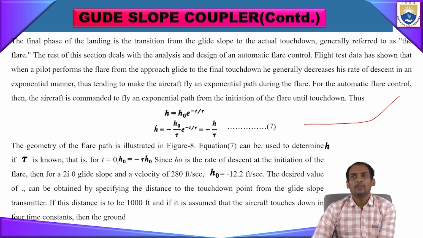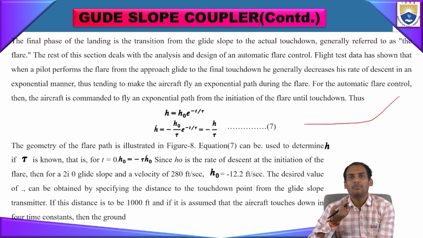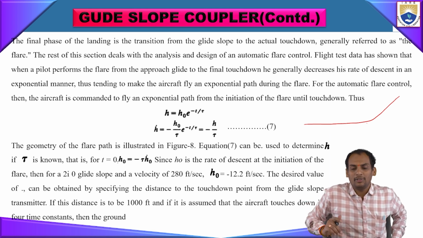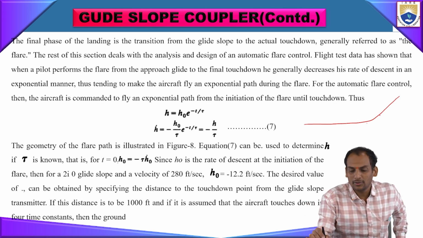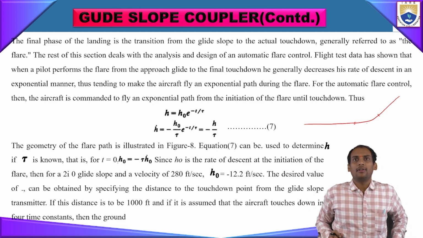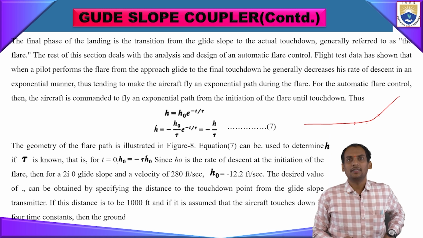So for automatic flare control, the aircraft should be commanded to fly an exponential path from the initial stage of flare until it touches down. From the initiation to the touchdown, the transition has to be controlled with that exponential path.